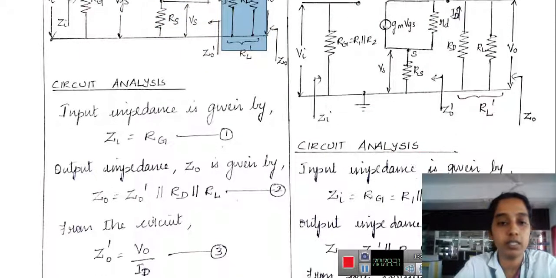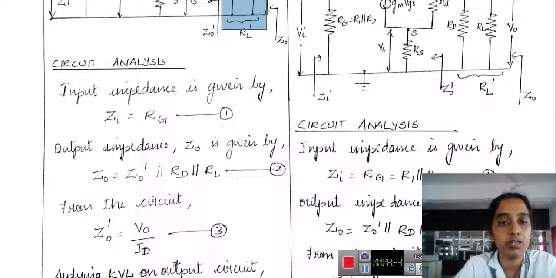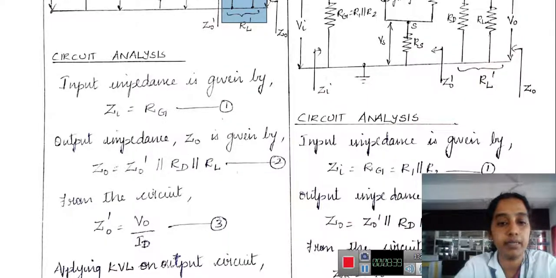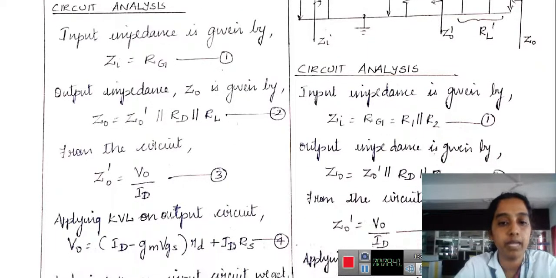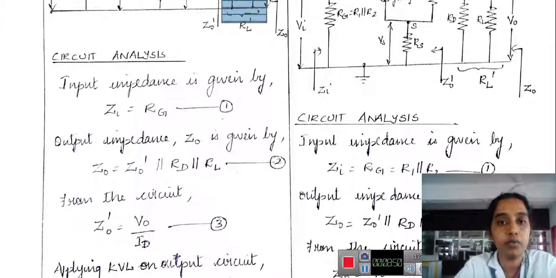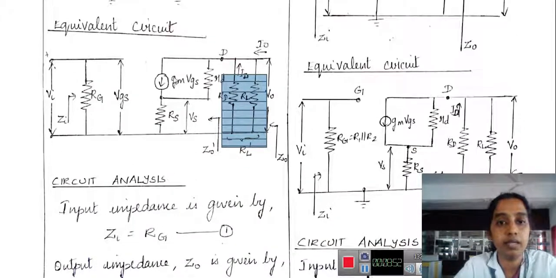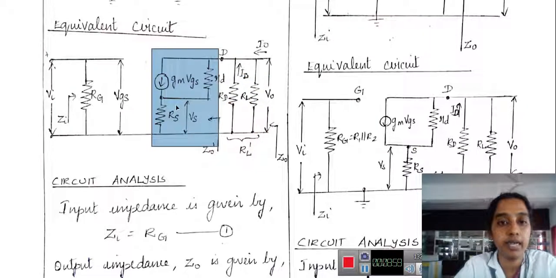From the circuit, I know that Z0 dash, Z is equal to V by I. So here in the output, V0 by ID. When I apply KVL on the output circuit, what is my V0? Here current ID is flowing, ID into RS.